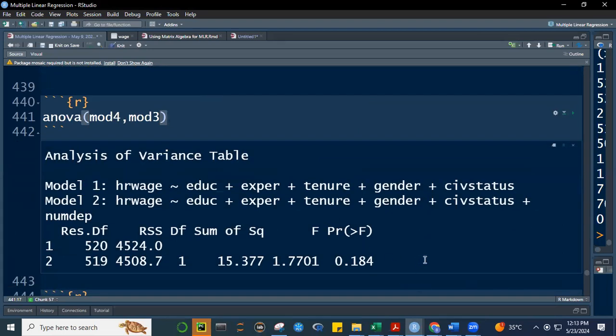P-value is 0.184, which is higher than 0.05. Therefore, we fail to reject again the null hypothesis. What's the null hypothesis? That beta 7, number of dependents, is 0. There's strong reason to believe that this is statistically equivalent to 0. Therefore, the better model is model number 4, the restricted model, because it did not include number of dependents.